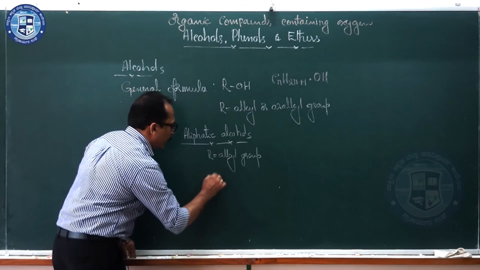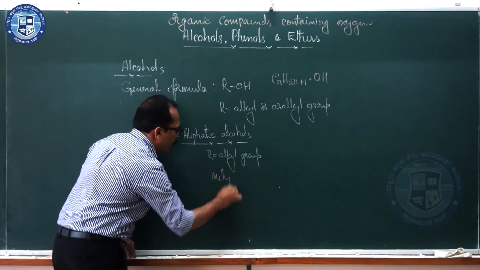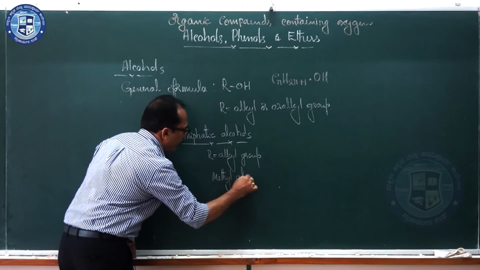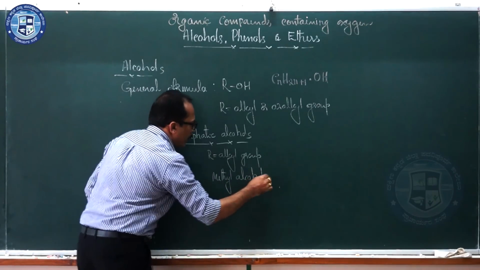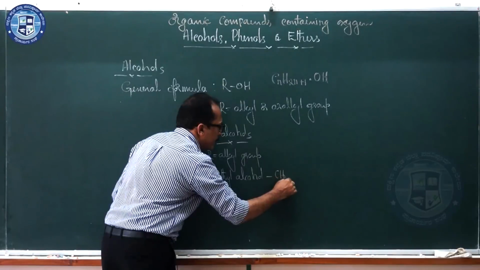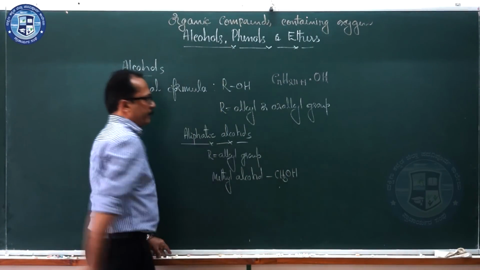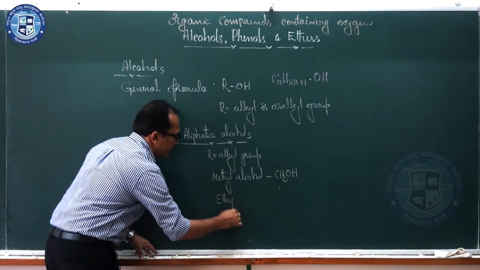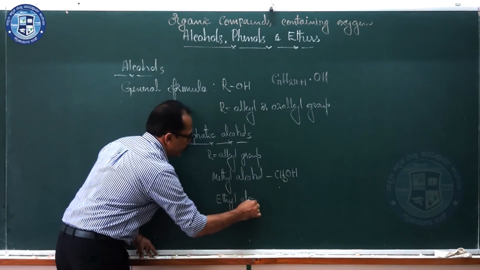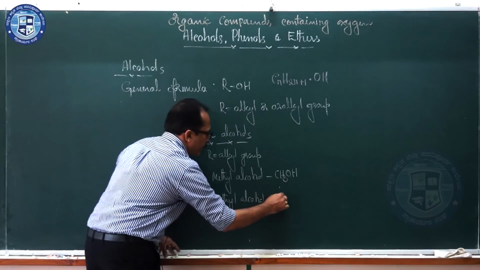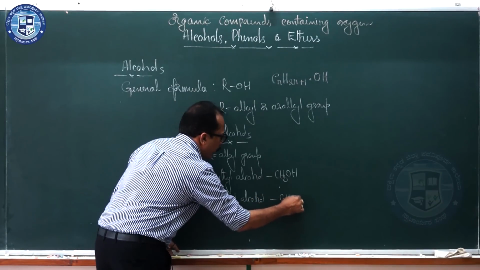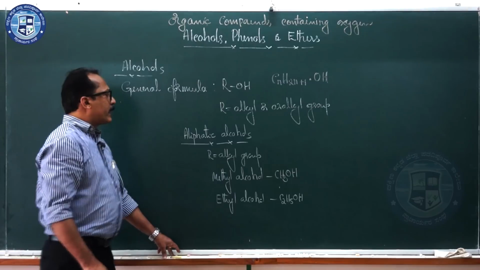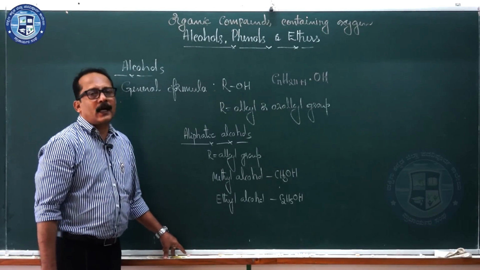The formula of methyl alcohol is CH3OH. Ethyl alcohol is C2H5OH. See, these are examples of aliphatic alcohols.